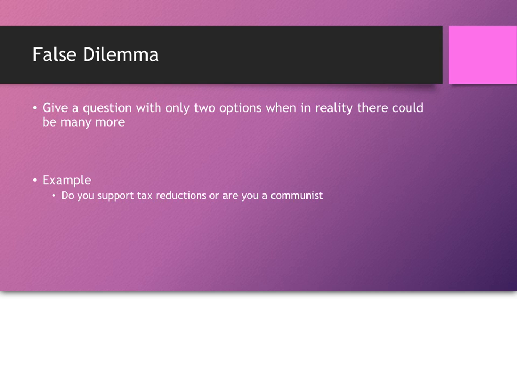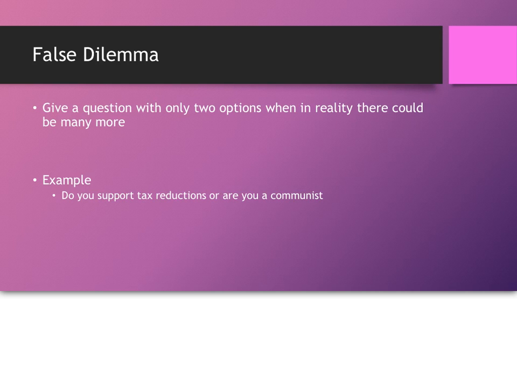Okay? There's a lot of late night news people who try to use this strategy. And they'll say things like, do you like policy A or are you a Nazi? Right? Or they'll ask a question like, yes or no, do you believe in this? Well, the answer is not exactly a yes or no.